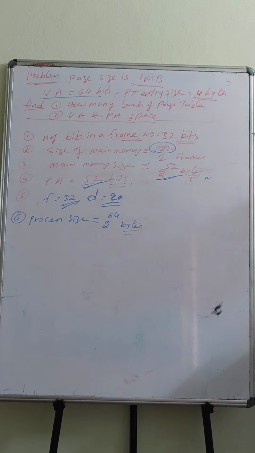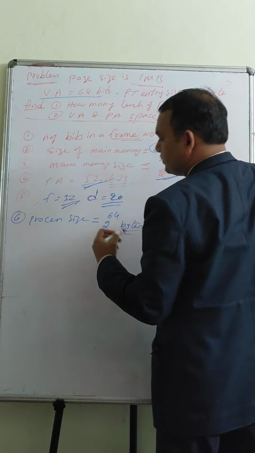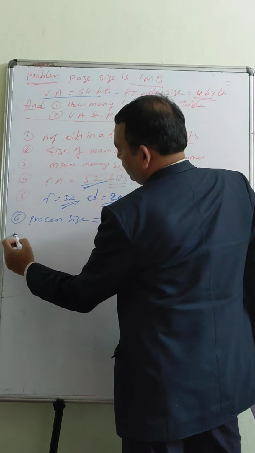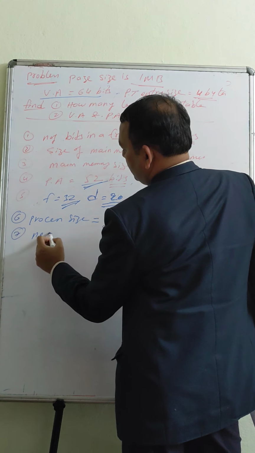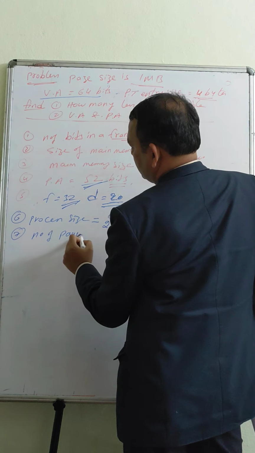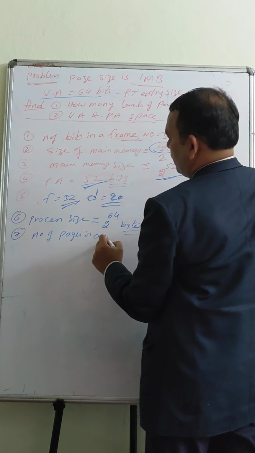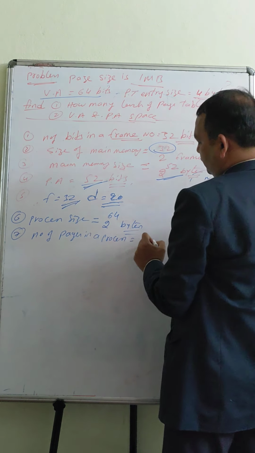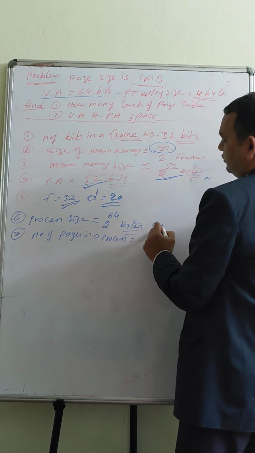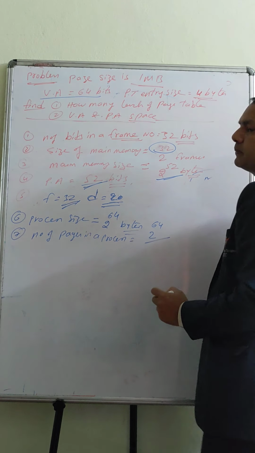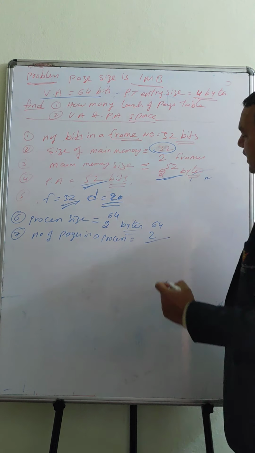Now, the number of pages of a process. How many pages does this process need? Next, point 7. Number of pages in a process is equal to 2 power 64 divided by one page size, which is 1 MB.